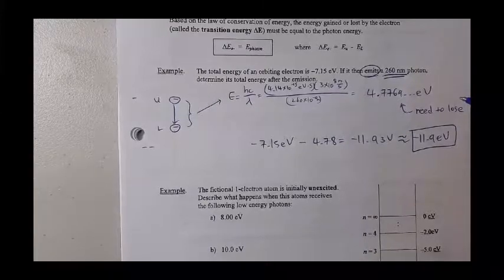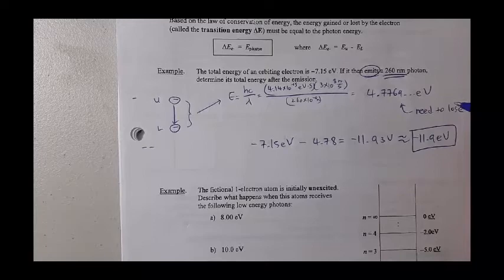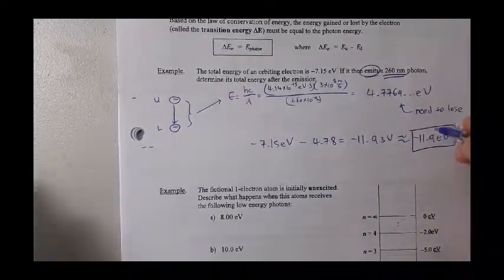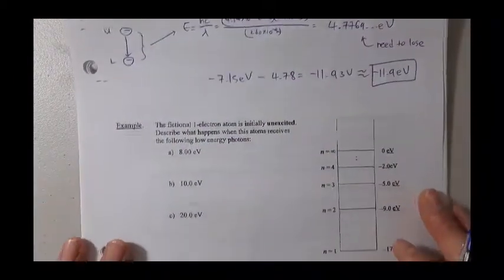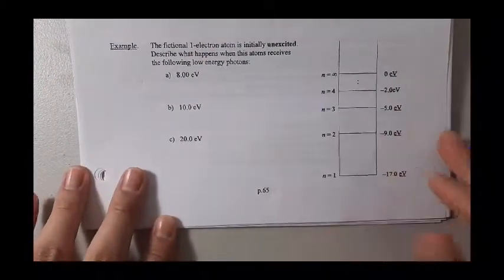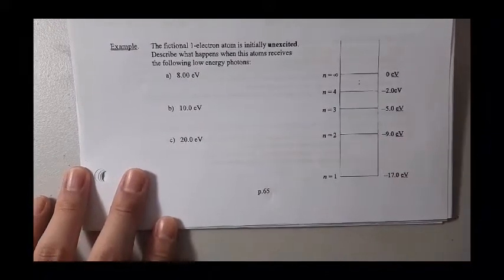Sorry folks, in my workbook answer, I have negative 2.37. The thing is, ignore that answer. You should have a more negative value. Again, my rookie part.